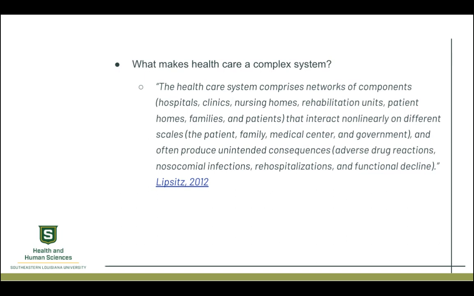And all of this multi-linear and unpredictable interactions produce unintended consequences like adverse drug reactions, and can also produce intended consequences like patients getting well after treatment. But it's very, very important to always take into account unintended consequences.